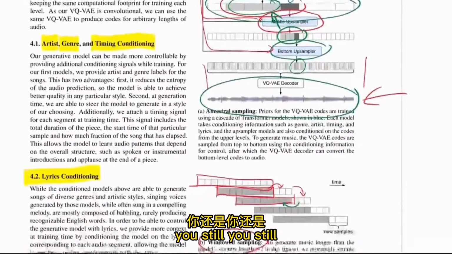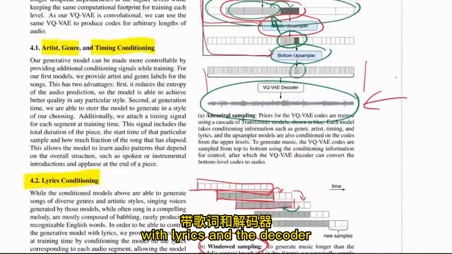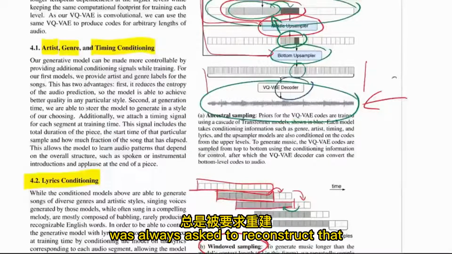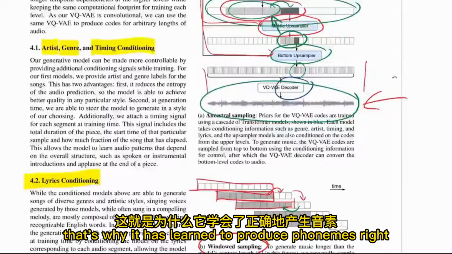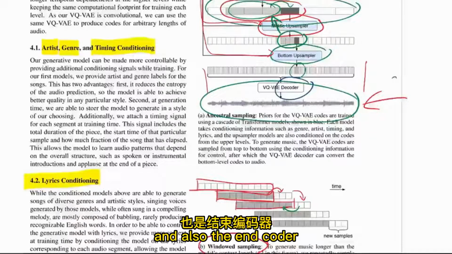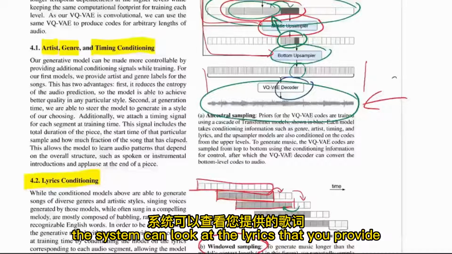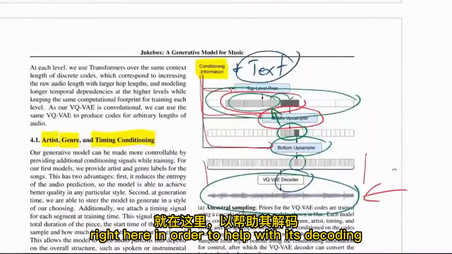Now, even before we had music with lyrics, and the decoder was always asked to reconstruct that. And so none of that changes, and that's why it has learned to produce phonemes, right? But now the decoder, and also the encoder, the system can look at the lyrics that you provide right here in order to help with its decoding.